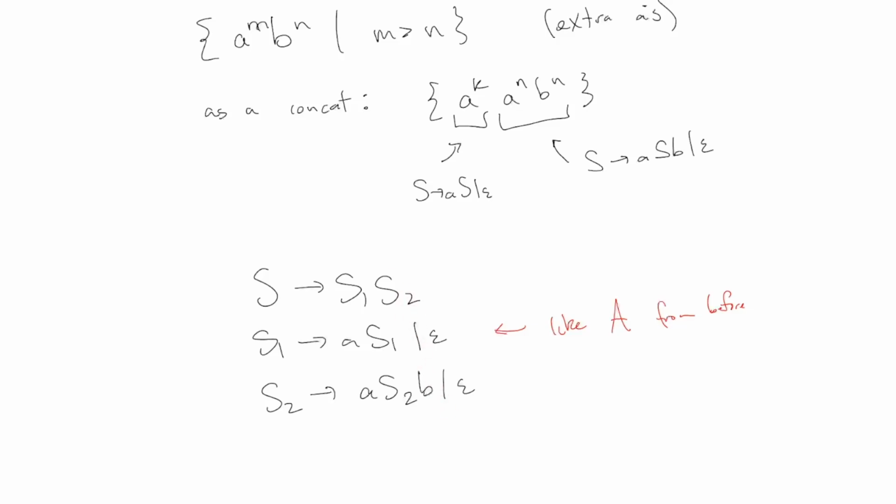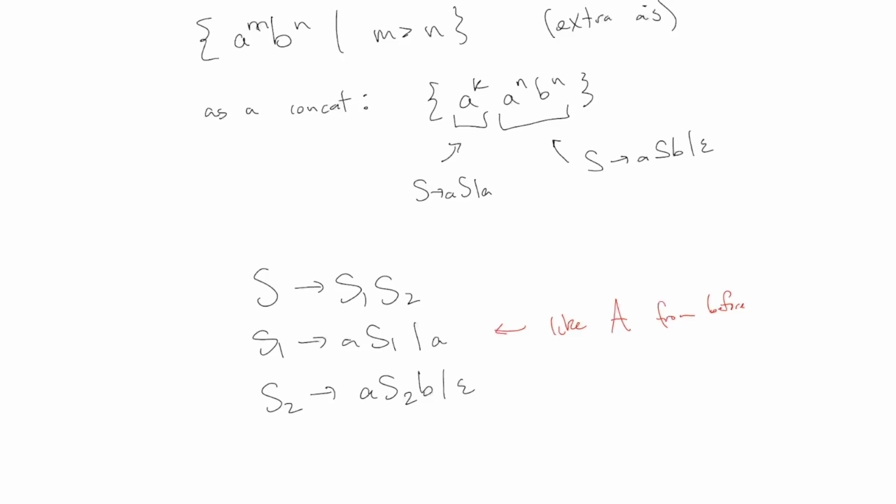So this is for greater or equal, but if you want really greater than, it means this K is not allowed to be 0. There must actually be some extra stuff. So here, to make that happen, it should go S goes to AS or A, not epsilon. Sorry about that. And so this S1 should go to, now I'm satisfied. This must make at least one extra A at the beginning, and then all the rest of it.